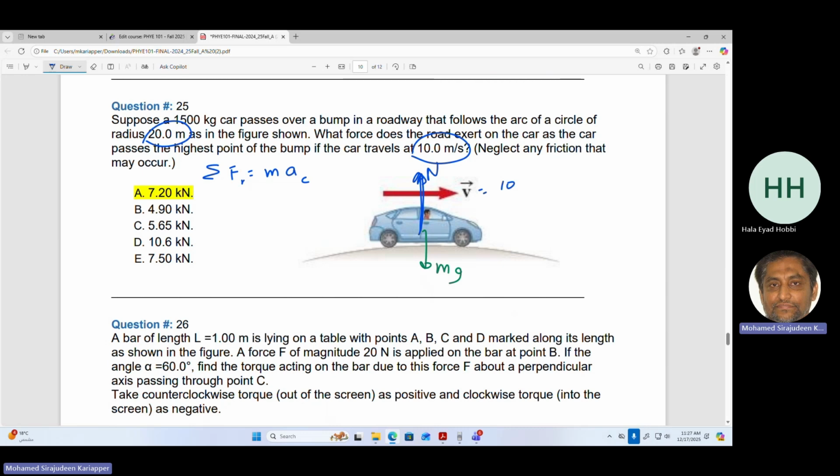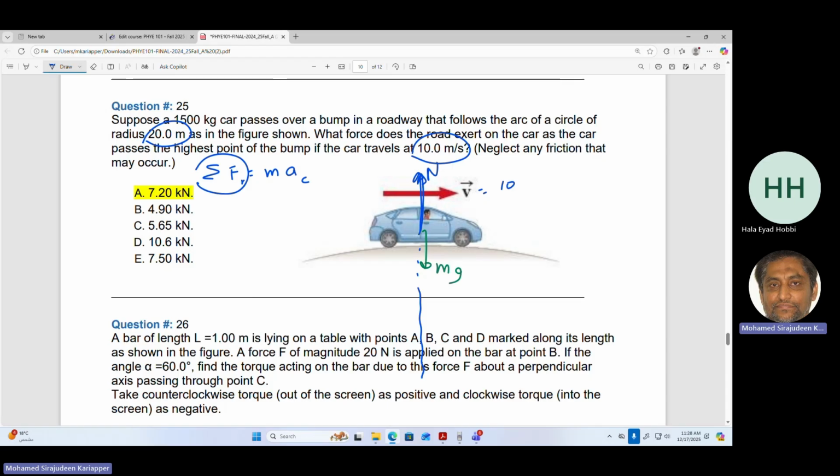And of course, there may be friction, but the friction is going to be horizontal, not vertical. So in the radial direction, which is vertical here, we have only the normal force and the gravitational force.